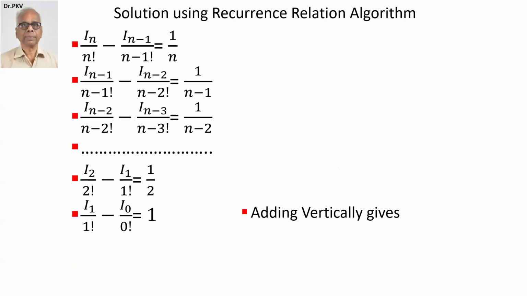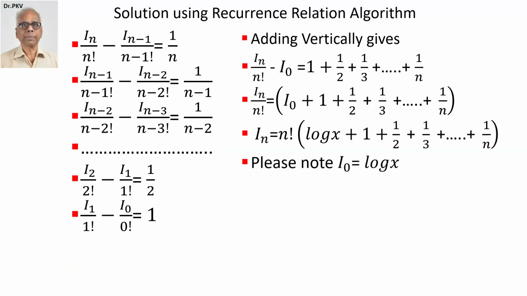That is what I have said here, and therefore the nth derivative, which is represented by I_n, is equal to factorial n into log x plus 1 plus half plus 1/3 plus etcetera plus 1 upon n. And we have solved the problem, the nth derivative of x^n log x.